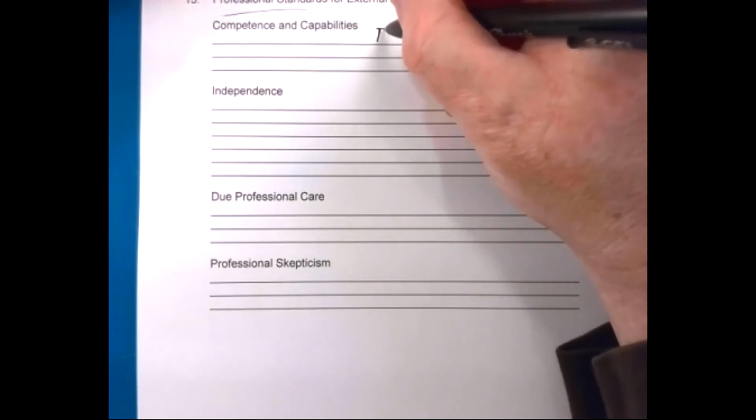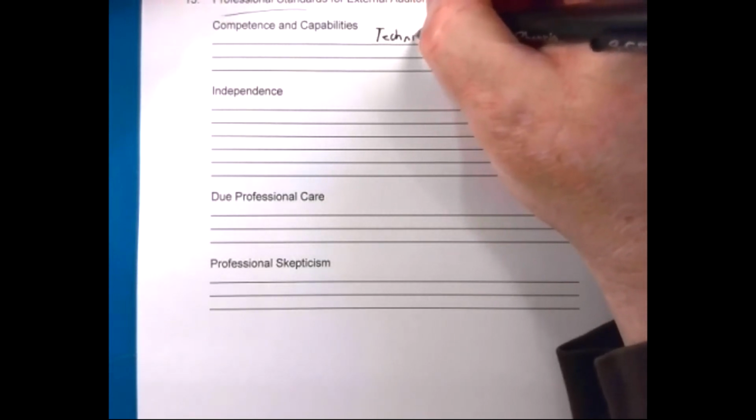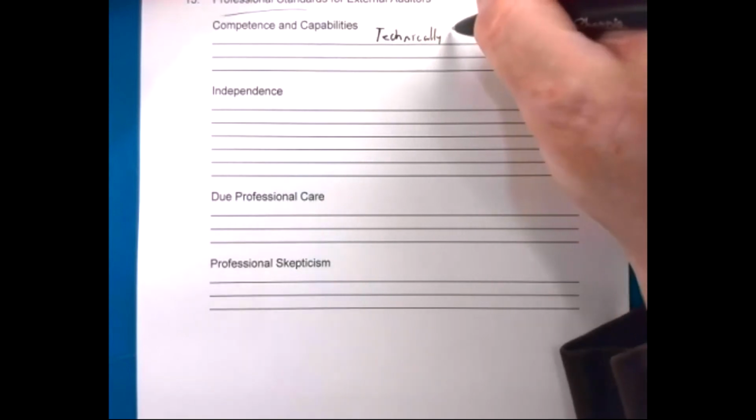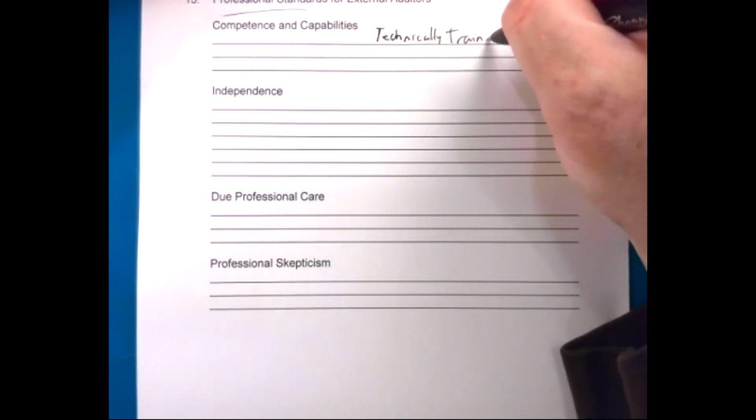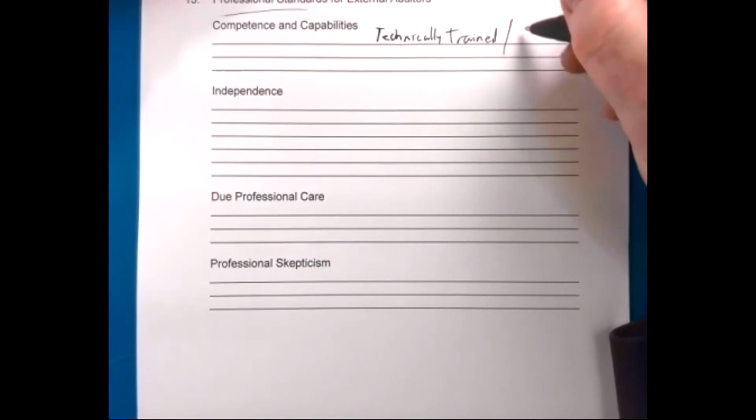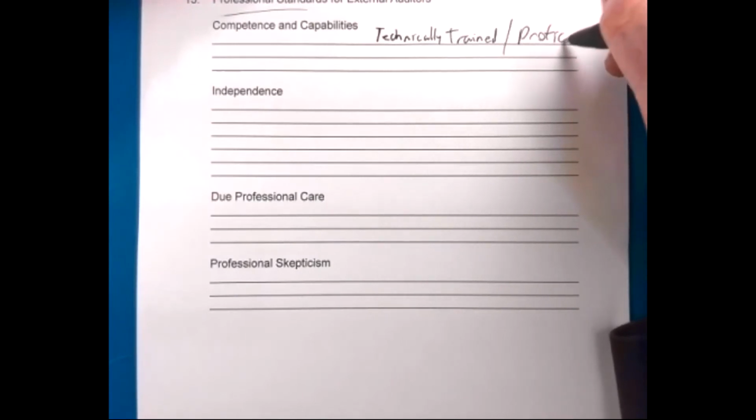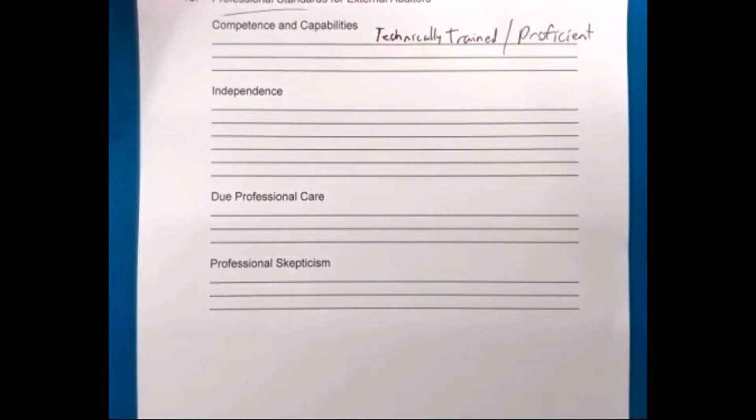You're required to be technically trained and proficient as an auditor. So technically trained and proficient.